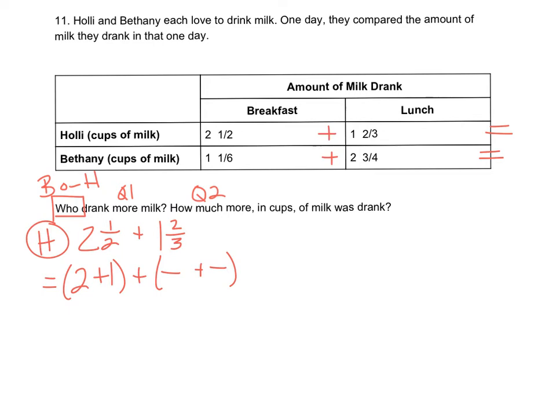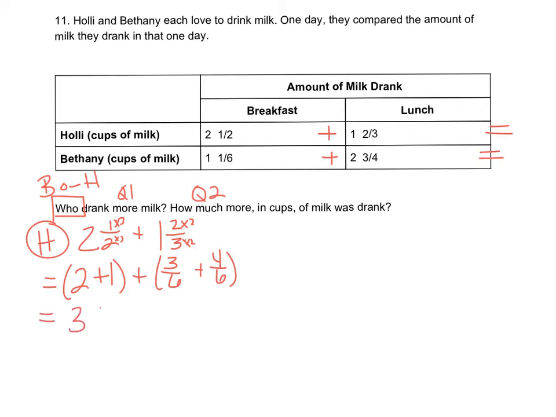So 2 and 3, they both can get to 6. 2 times 3 equals 6. So what I do in the denominator, I do in the numerator. 1 times 3 is 3. And then 3 times 2 is 6. So what I do in the denominator, I must do in the numerator. 2 times 2 is 4.